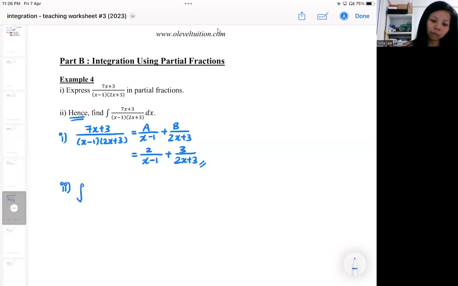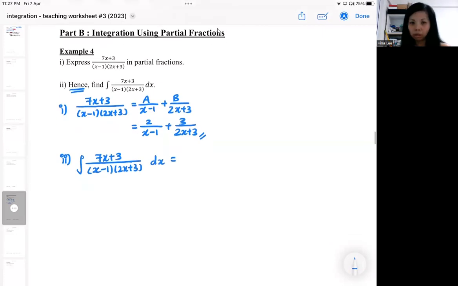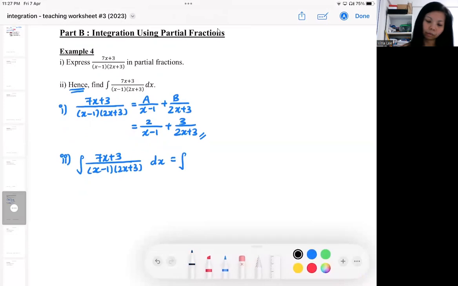When we do the hence part, we see the huge fraction as an equivalent of two little fractions. Since I don't have a quotient rule to integrate, I'm going to change up the big fraction.